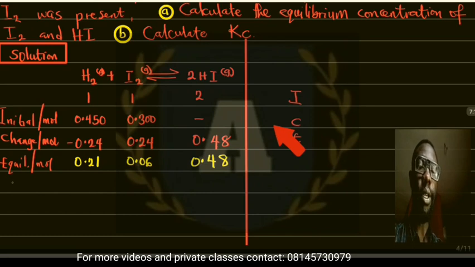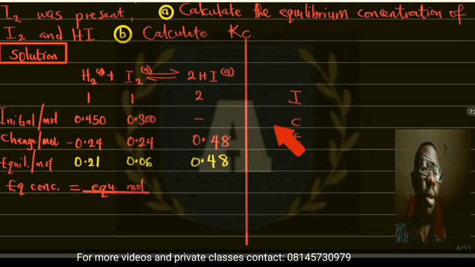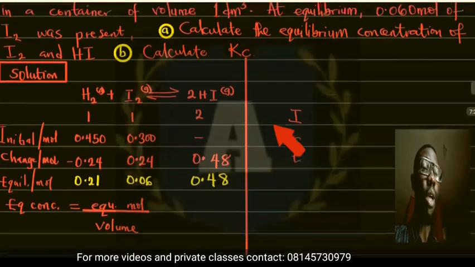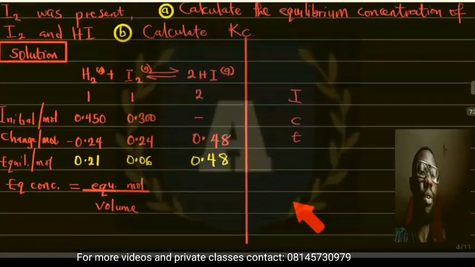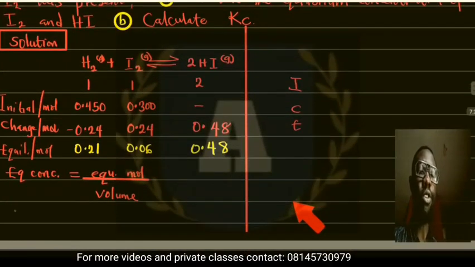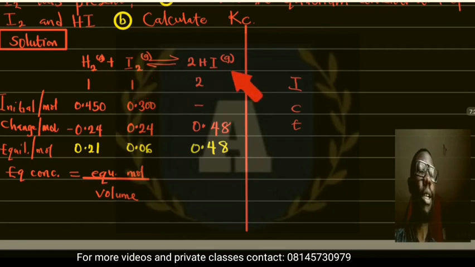For convenience, equilibrium concentration equals equilibrium mole divided by volume. A volume has been given in the question to be 1 dm cube. So now we can calculate the equilibrium concentration for each of those species at the reactant and the product side.